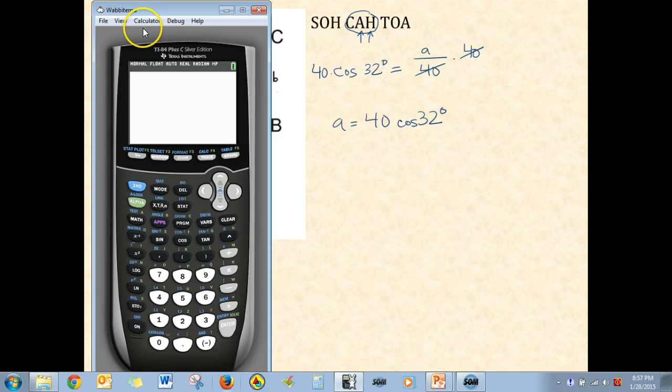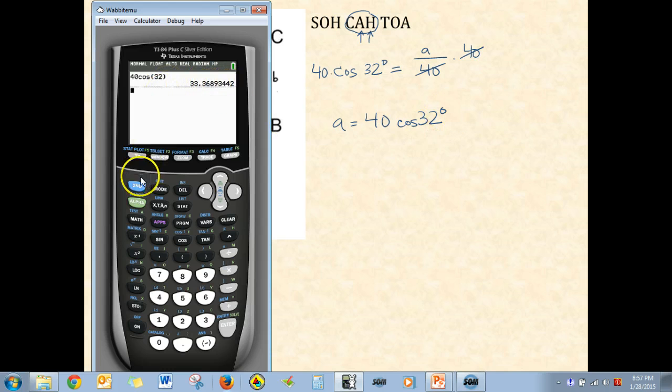So now I can just grab my calculator, and I can type in 40 times the cosine of 32. And I get 33.36. Now, you see this right here? That says radians. My angle is not in radians, my angle is in degrees, so this answer is going to be wrong.